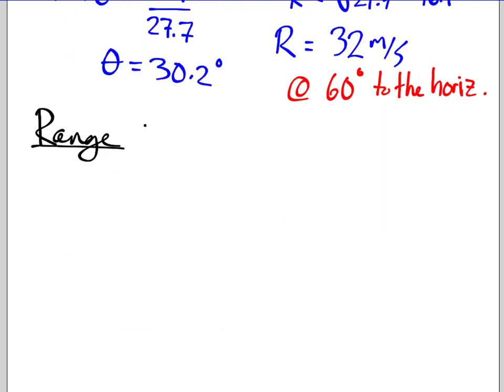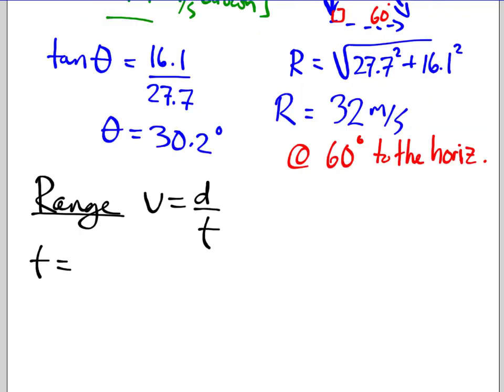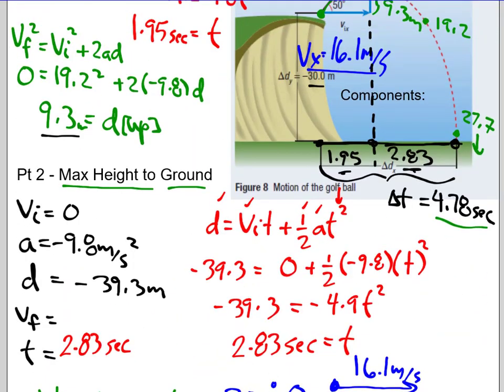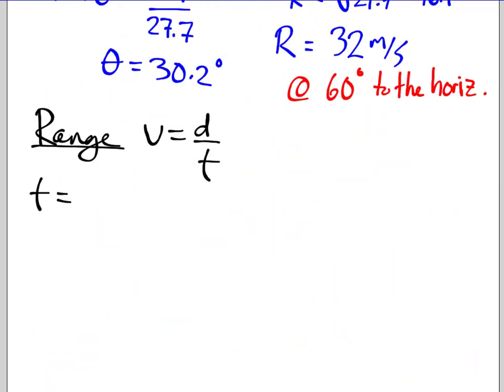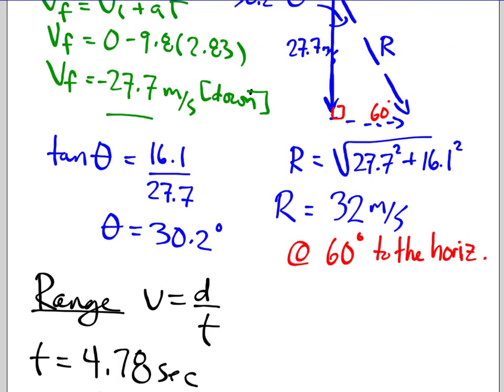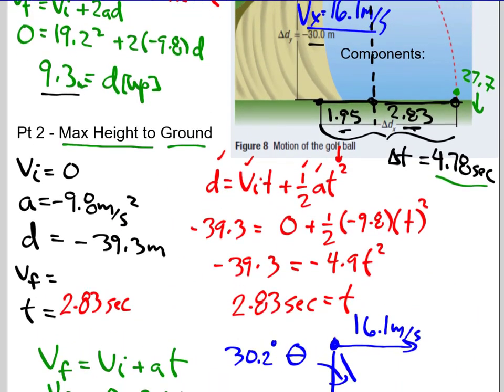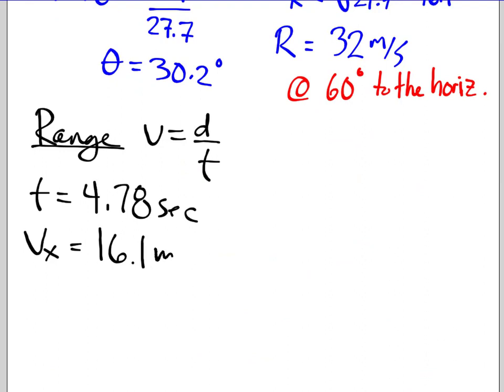Range. Okay, and range is our simple equation with no acceleration. Time, our total flight time, way back at the top, is 4.78 seconds. Our velocity in the x direction was 16.1 meters per second.